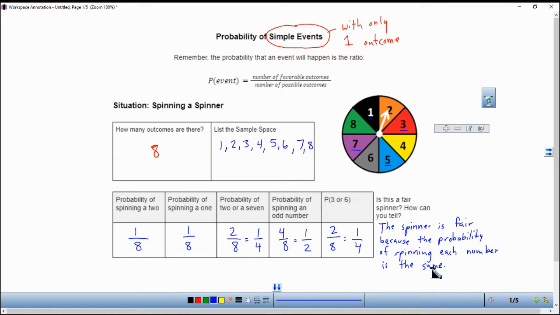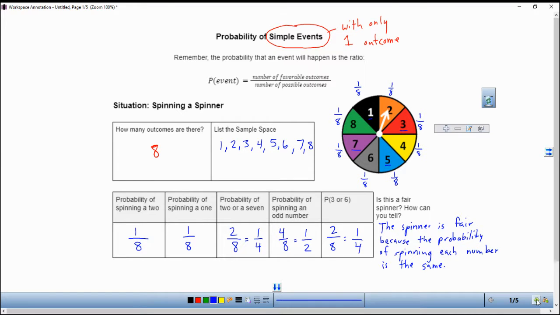The probability of each one would be 1 out of 8, right? You can kind of see that going around because they're equal sized. So that would mean that they're all the same probability. So that would be fair.